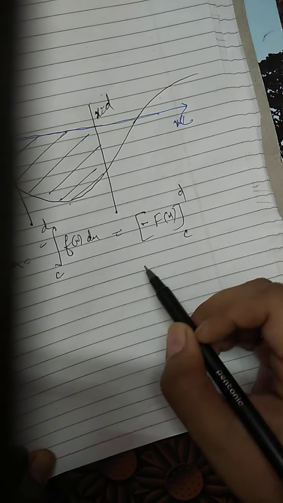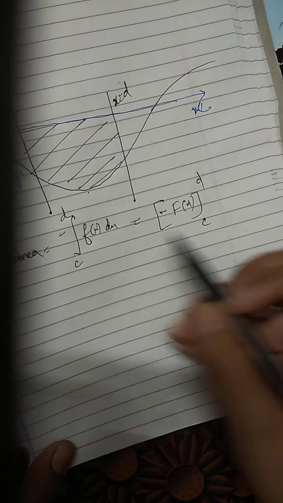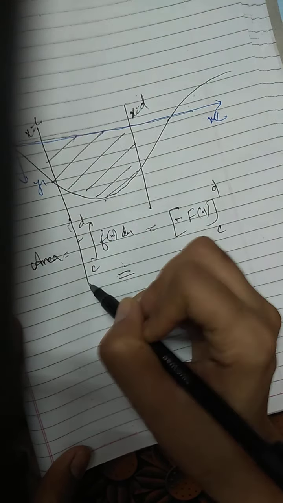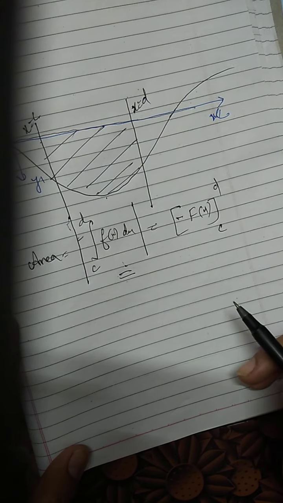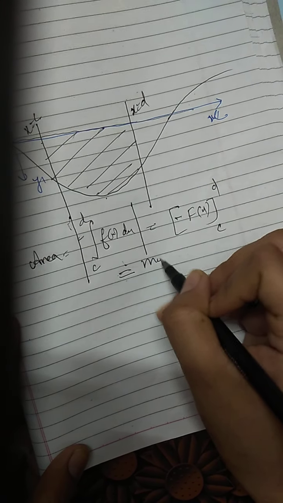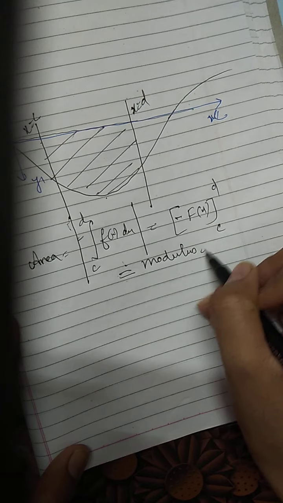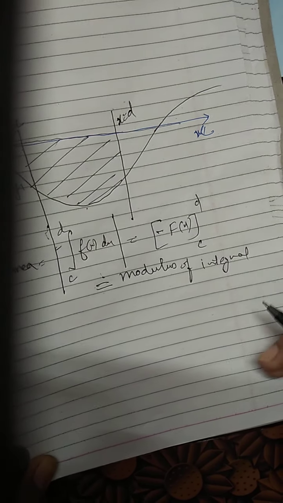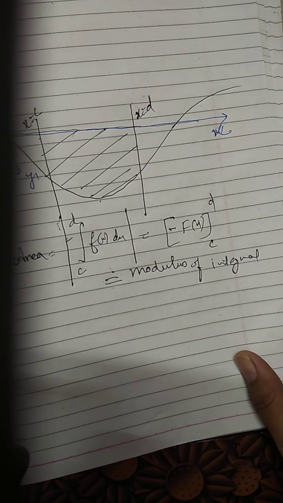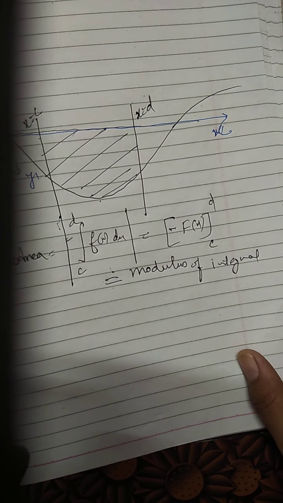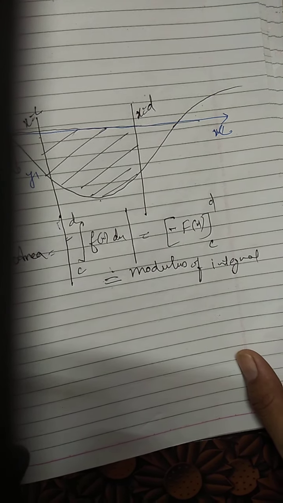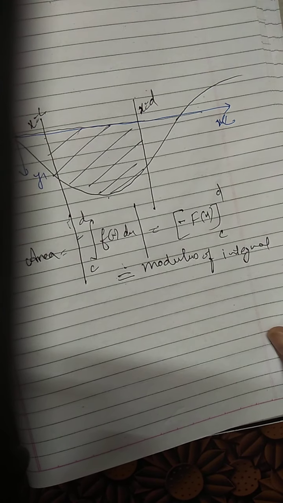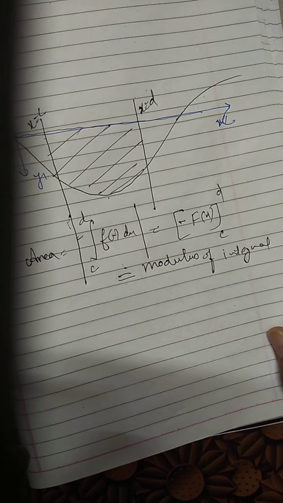So when I apply the limits, if the answer comes negative, what we will do is take the modulus of the integral. Why? Because we are calculating the area, and the area can't be negative. So just to avoid the negative sign, we will take the modulus of the integral.